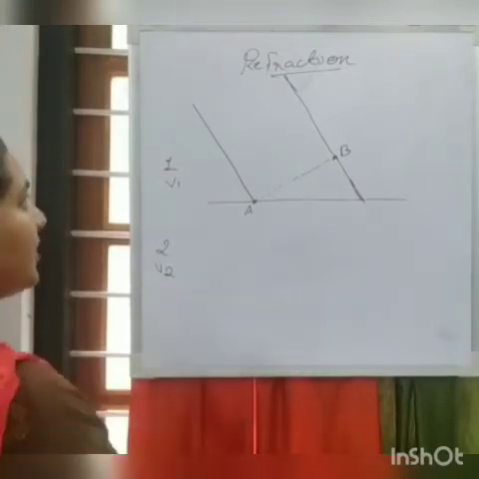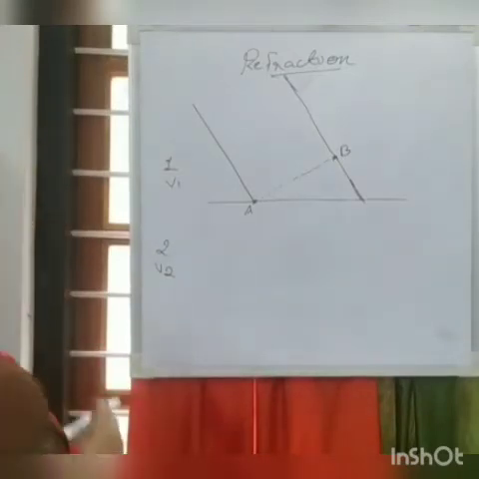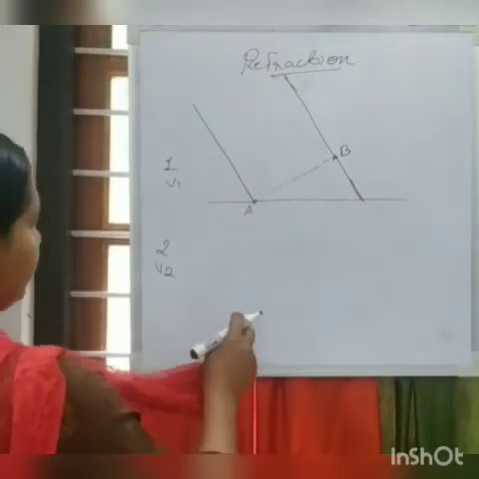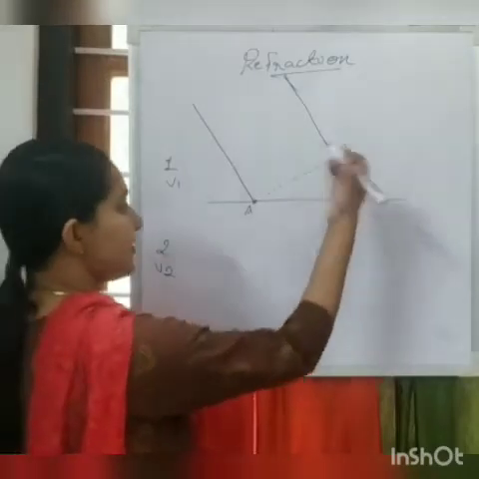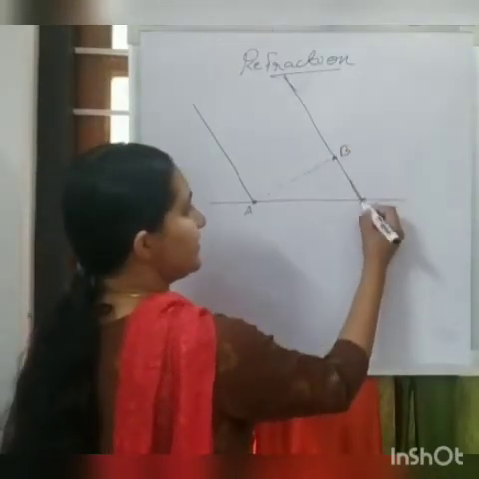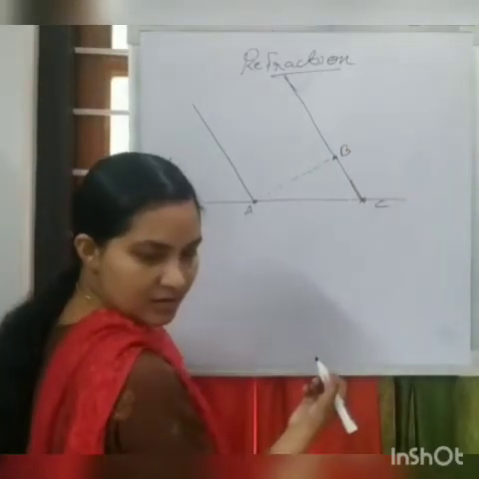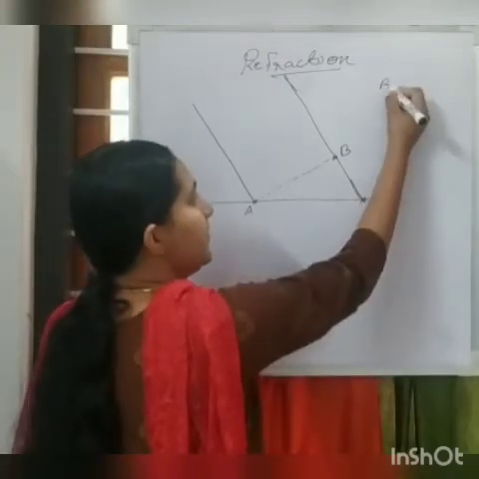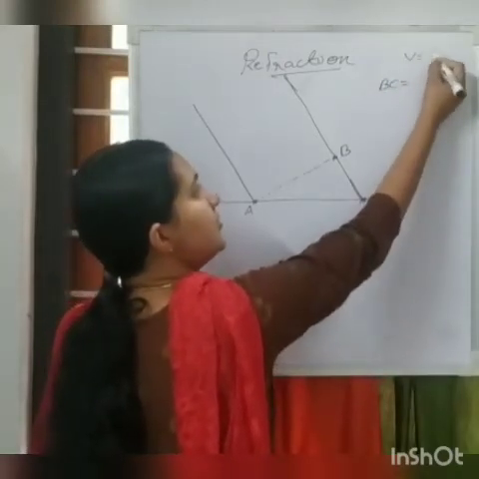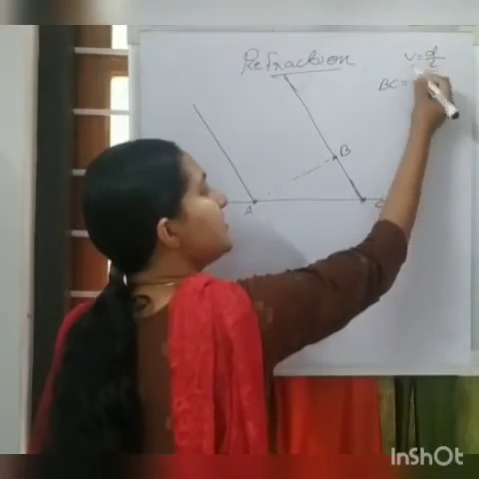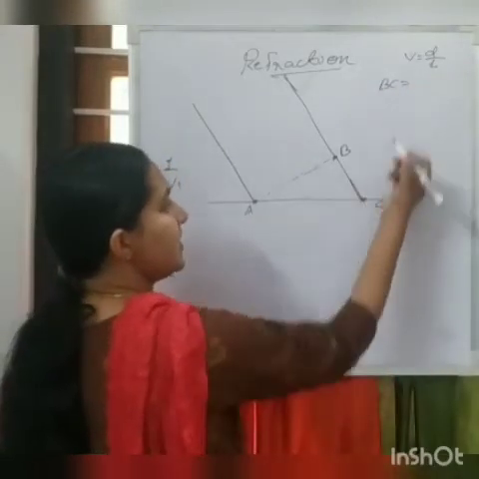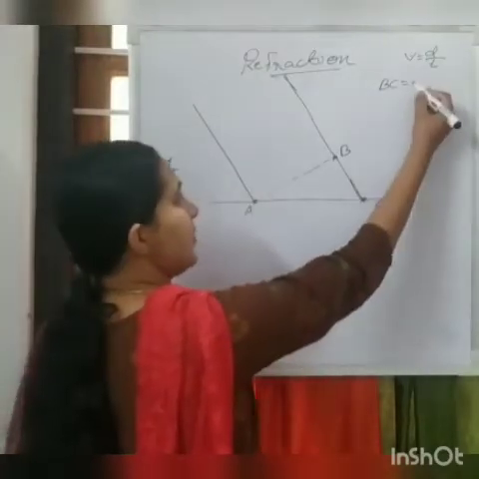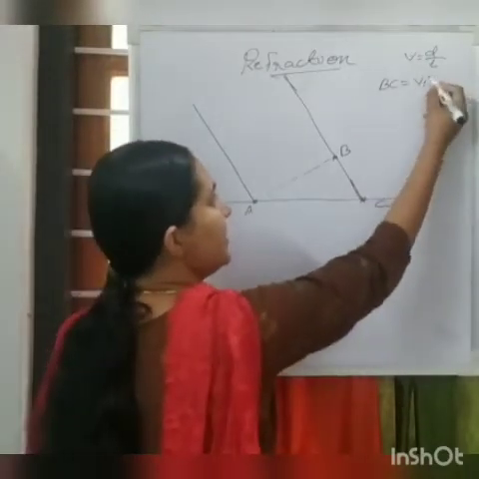Which direction it will get refracted, isn't it? For that, here as earlier, the distance, this will be C. Okay, here BC: velocity equals distance by time. So distance is equal to velocity into time. So BC is equal to velocity, that is V1, and the time is taken as tau.